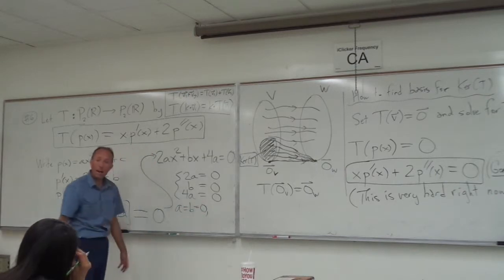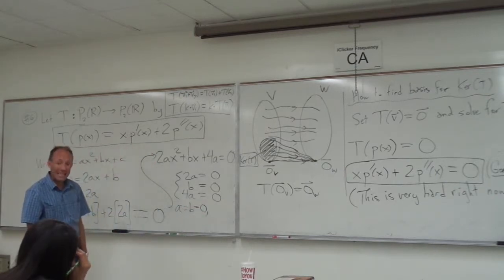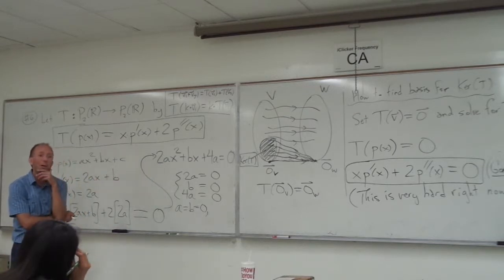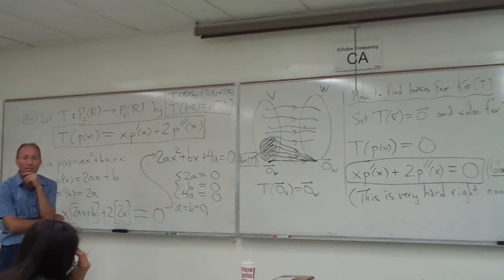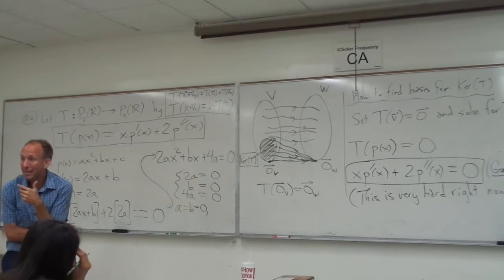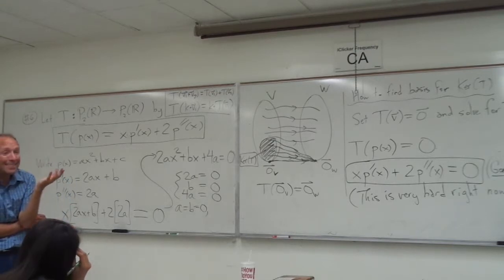And notice what happened there, guys, is that c never got mentioned. It doesn't show up here. What's that tell you about c? It can be anything, right? It doesn't even matter. C can be anything. It's like the constant term.